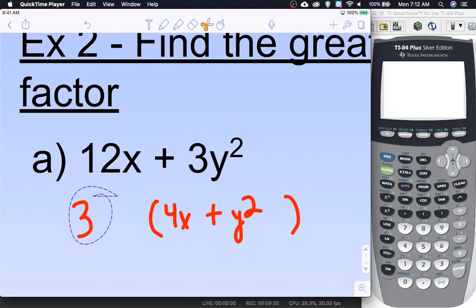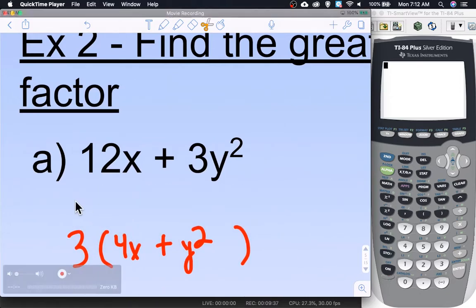Now, we'd also like to be able to do this for our x's and our y's. But this guy has one x, and he doesn't. So they don't share an x. I can't pull out an x. This one only has y's, and he doesn't. So they don't have any y's in common. I can't pull out a y, so this problem is actually done.